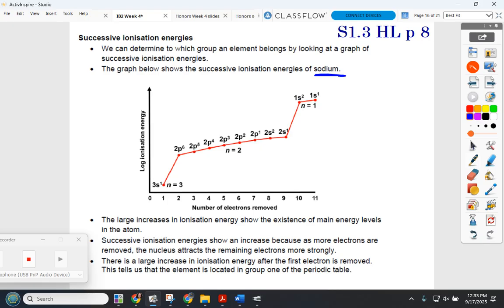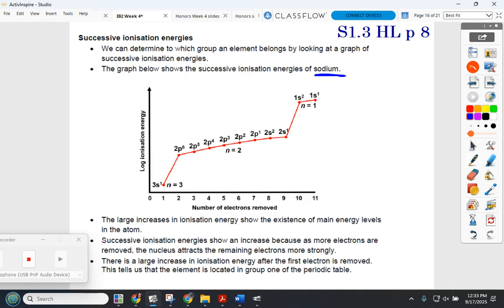And seeing this is also evidence for the existence of these energy levels, right? It's really hard to remove that second one, but then all through the second energy level, even though there are slight differences in the s and the p energies, it's increasing because it's increasingly harder to remove an electron, because we still have all the protons sitting there, and that force of attraction is going to be pretty strong.